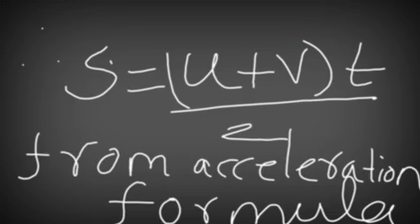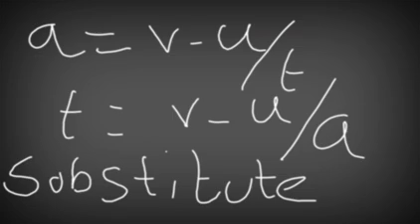You know very well A is equal to (V minus U) by T. So T is equal to (V minus U) by A. You can substitute the value of T in that equation.